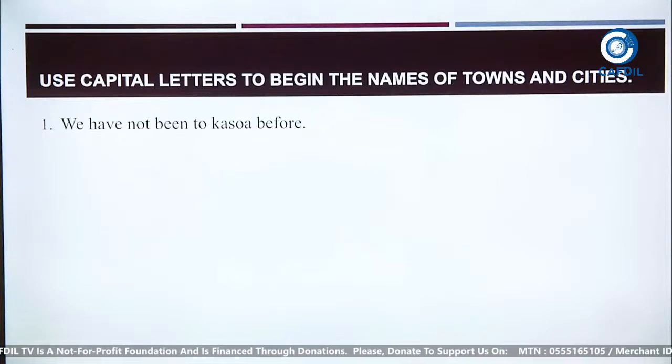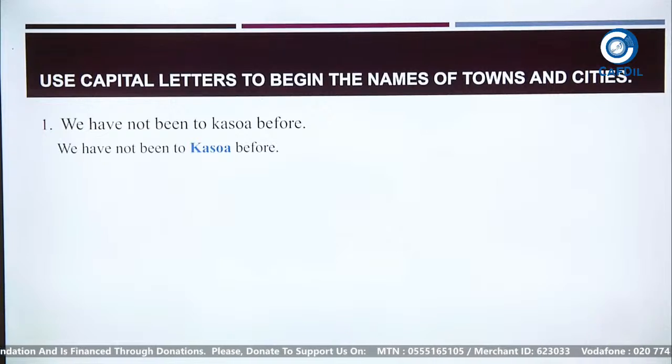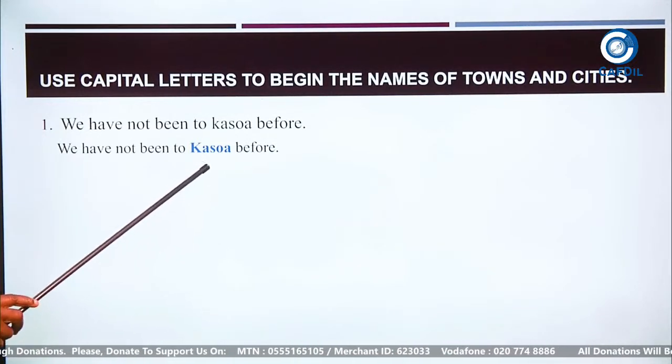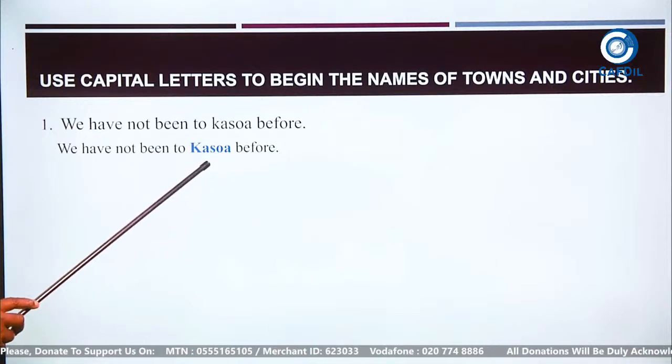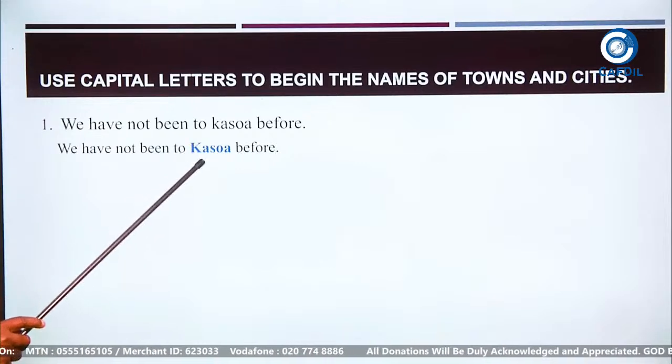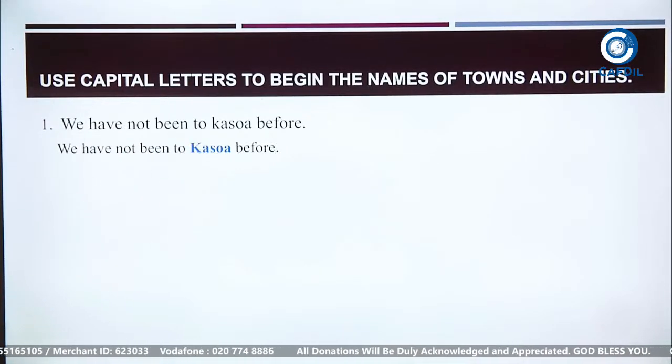Have you found it? Good. I guess your answer is Kaswa. So Kaswa is the proper noun in this sentence, and we have begun with a capital letter. Very good. Let's move to the next sentence.